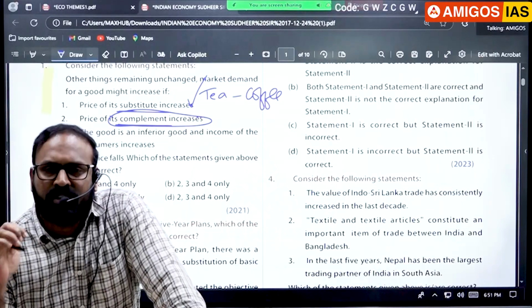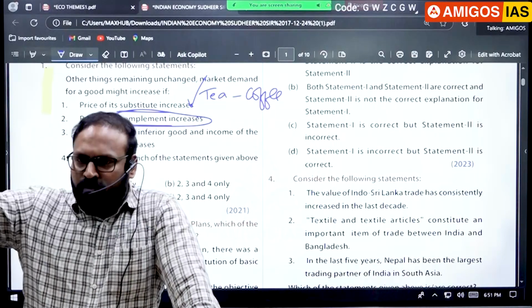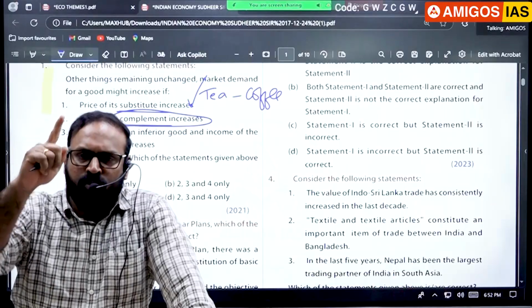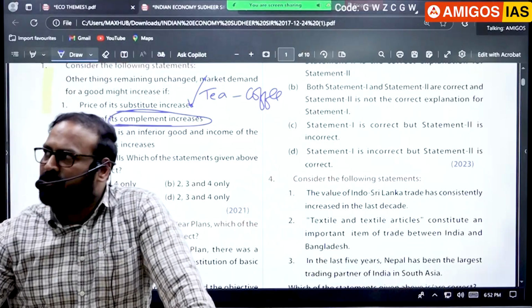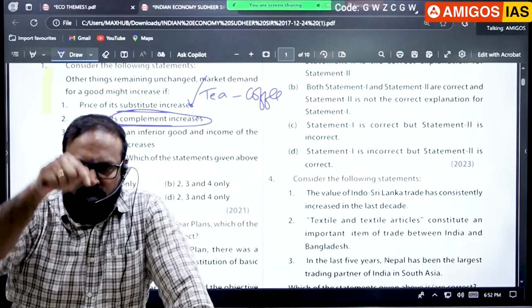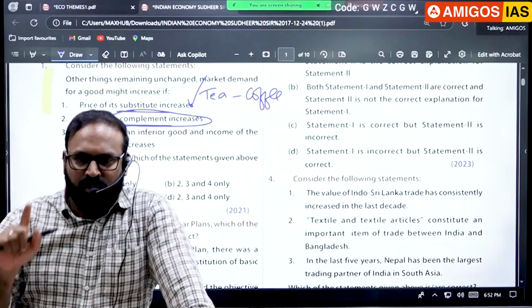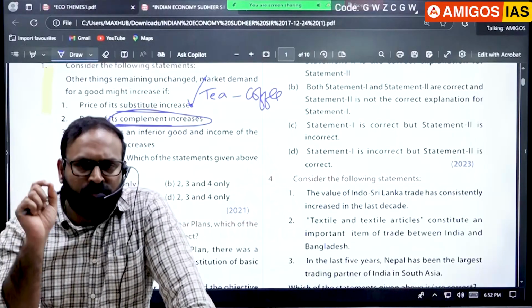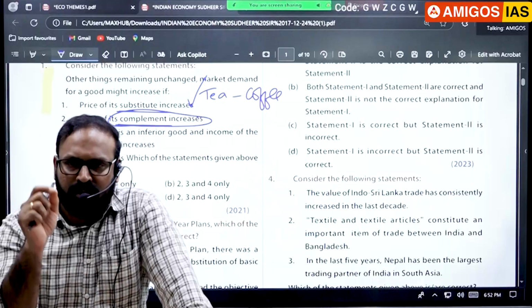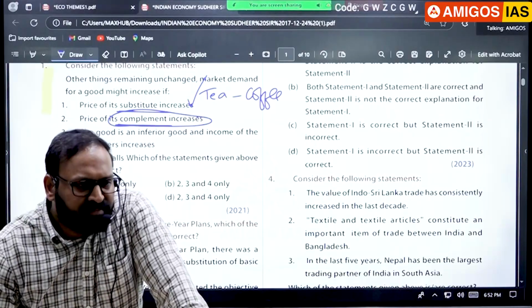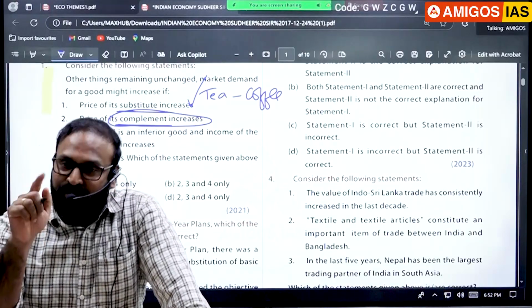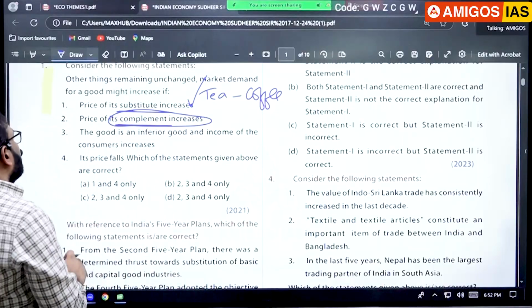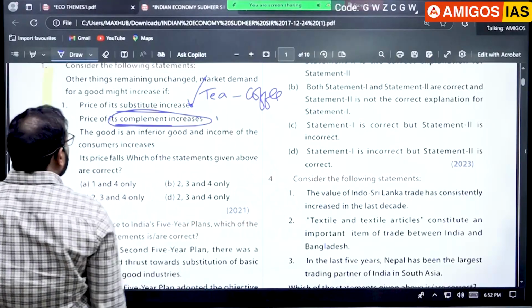What is an inverse relationship? If price of goods decreases, consumers would buy it more. If price of good increases, consumers will buy it less. But the question is regarding which kind of good this law of demand is applicable. Normal good. That should be in your mind, right? So this is ruled out.